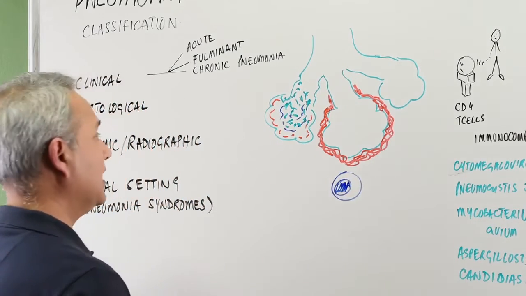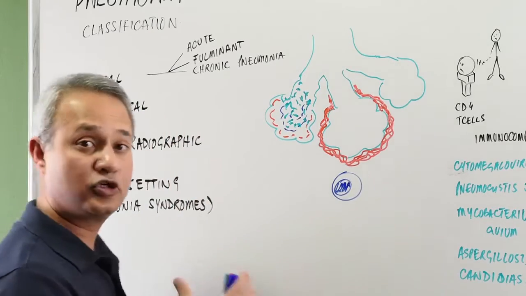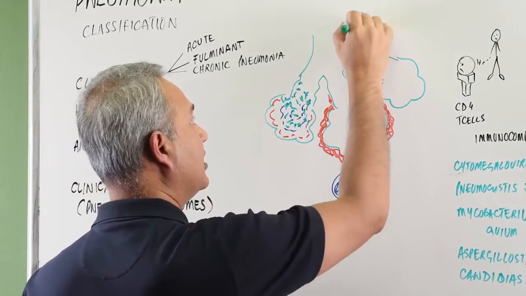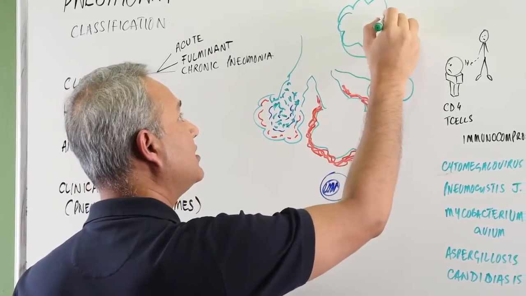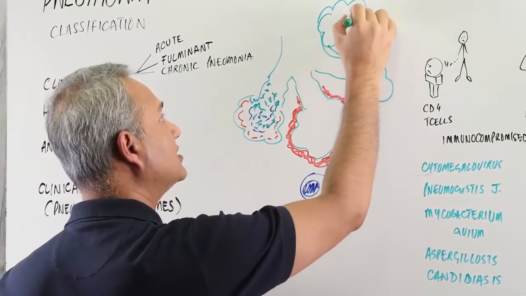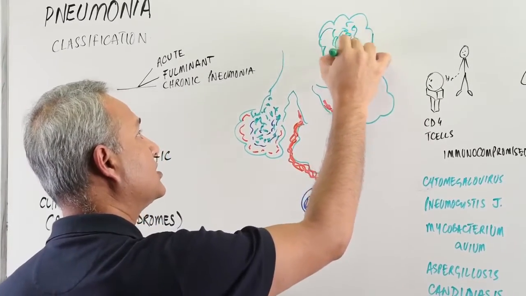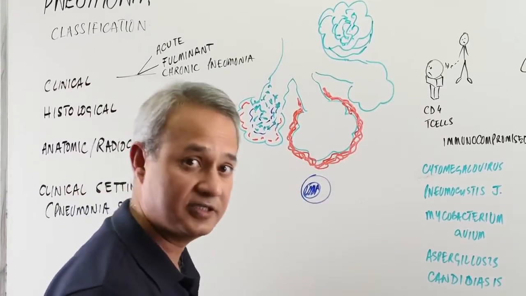Then the third type, histologically, is the chronic pneumonia, where there is continuous destruction of the lung tissue and there are big cavities and abscesses and granulomas. For example, tuberculosis and other such things, aspergillus and candidiasis.